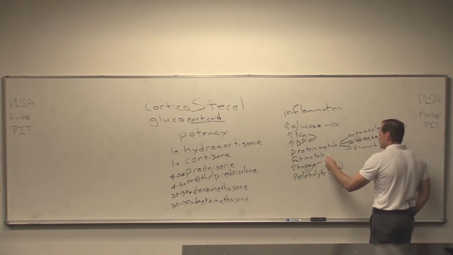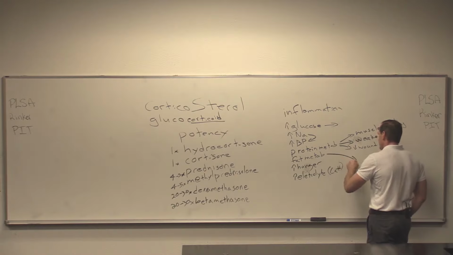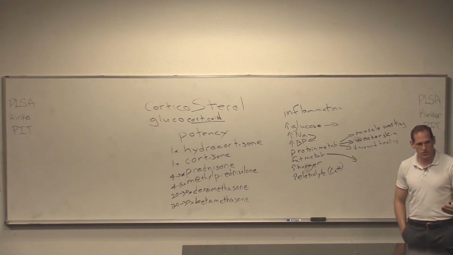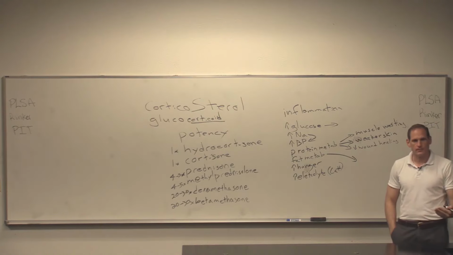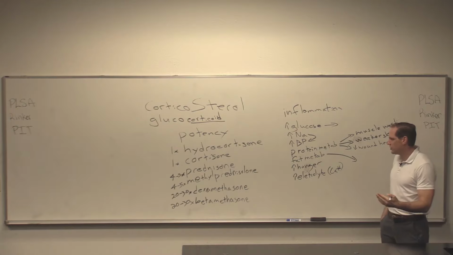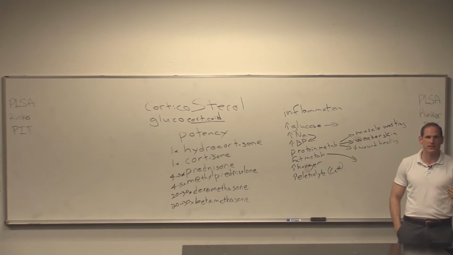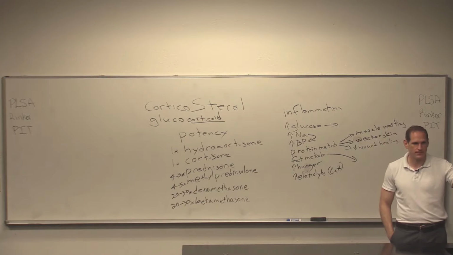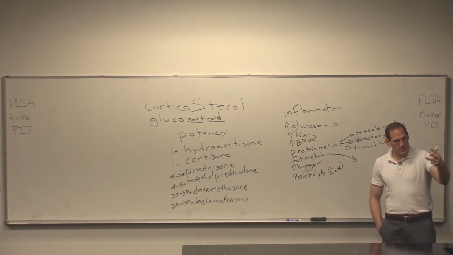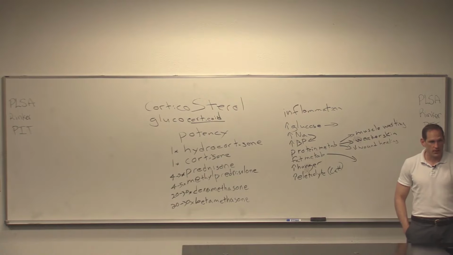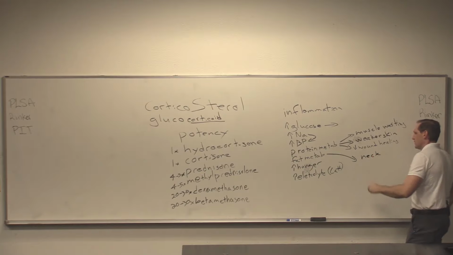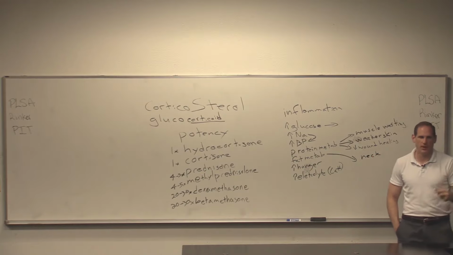Now, fat metabolism problems. There tends to be a redistribution of fat. So these are sometimes called lipid dystrophies, dys meaning bad or wrong, and trophy meaning shape. The three places it's going to tend to redistribute: first one is the back of the neck. This is called buffalo hump.